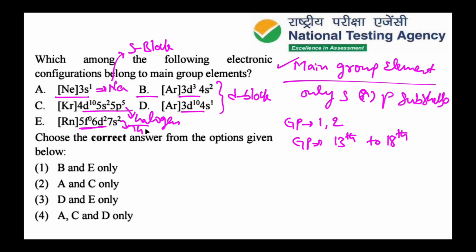So this is also not a main group element. So the main group elements are only A and C. So option 2 is the correct choice. Main group elements means the valence shell contains only s or p subshells.